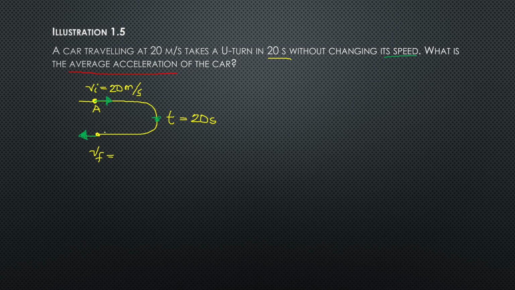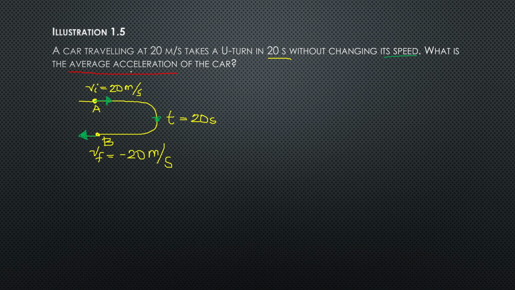Recall the sign convention: this is going towards the left, so this is negative 20 meters per second at point B. So the initial velocity is positive 20 meters per second, and at point B, this is towards the left or negative direction, so it becomes negative in value.